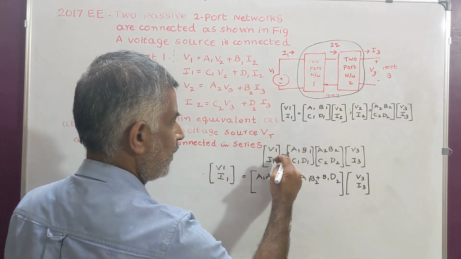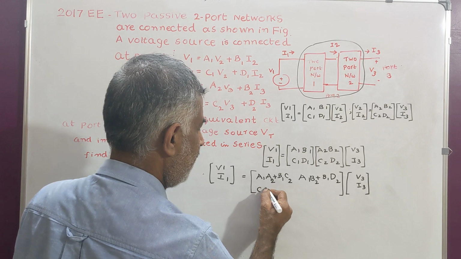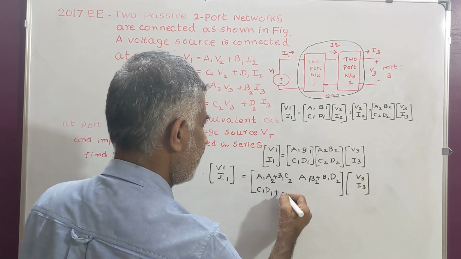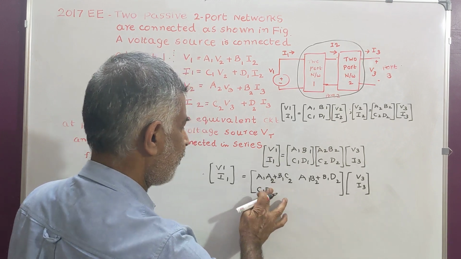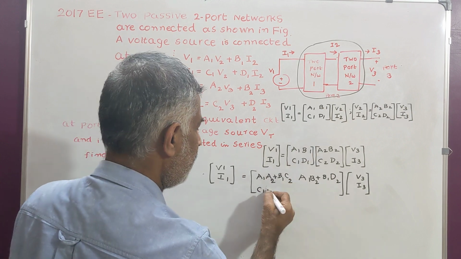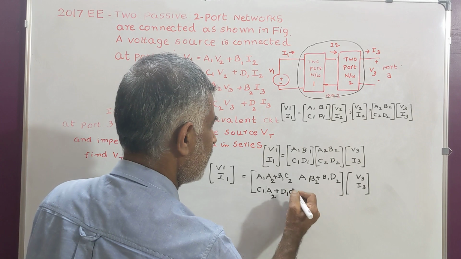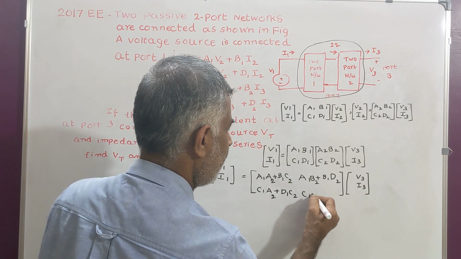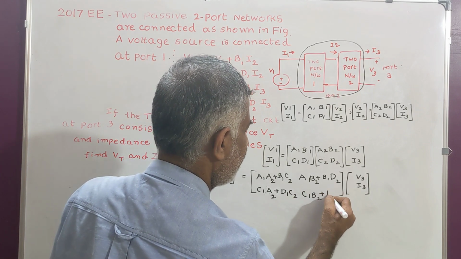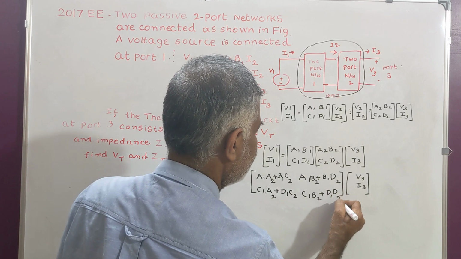Then second row first column, C1 A2 plus D1 C2; next, C1 B2 plus D1 D2.